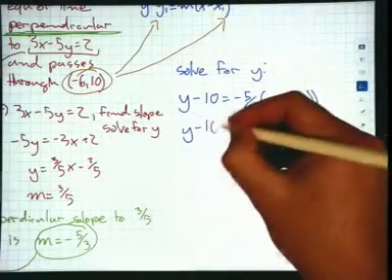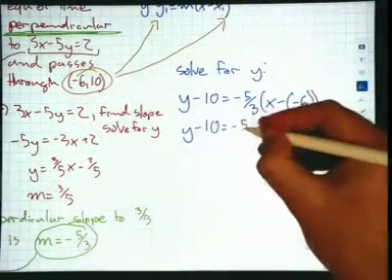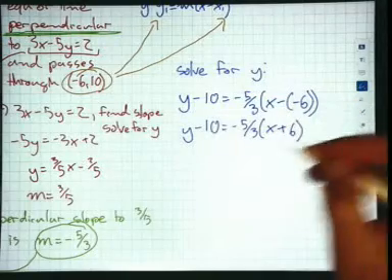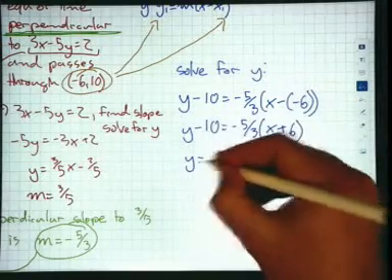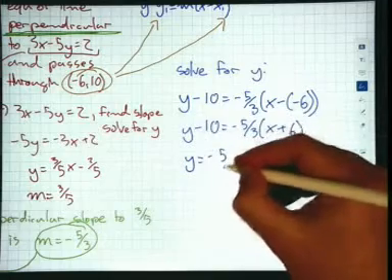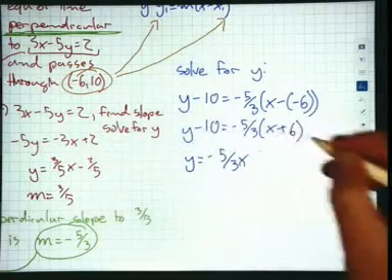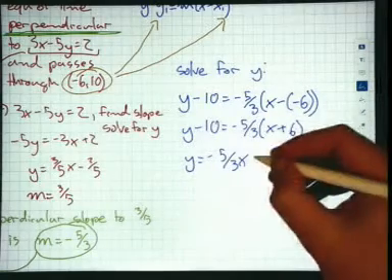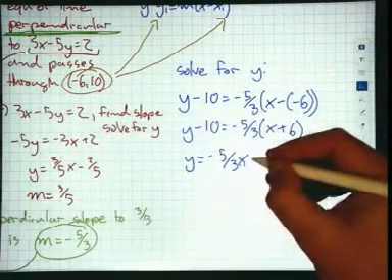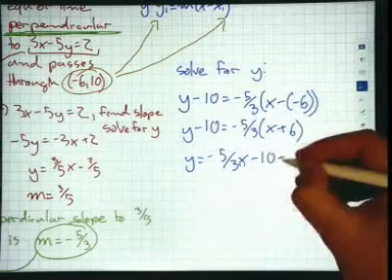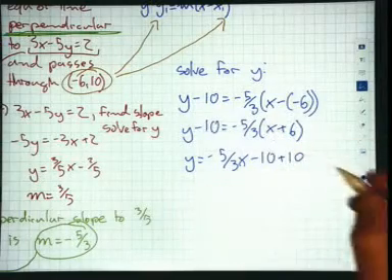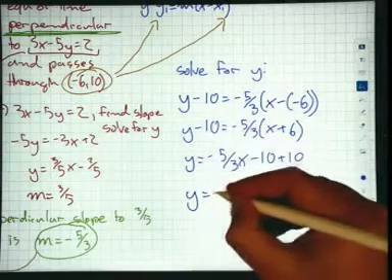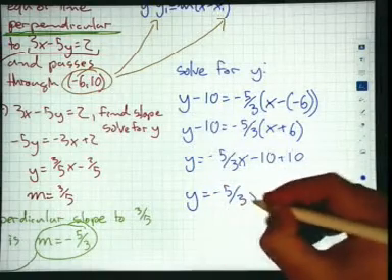You get y minus 10 is equal to a negative 5/3 times an x plus 6. Y is equal to a negative 5/3 x. Negative 5 times 6 is negative 30, but divide that by 3. You get a negative 10, and then you're going to add 10 to both sides. Negative 10 and positive 10 cancel out. You get y is equal to negative 5/3 x.